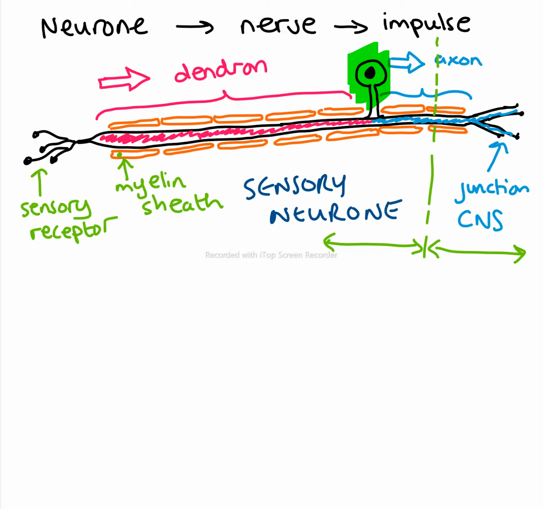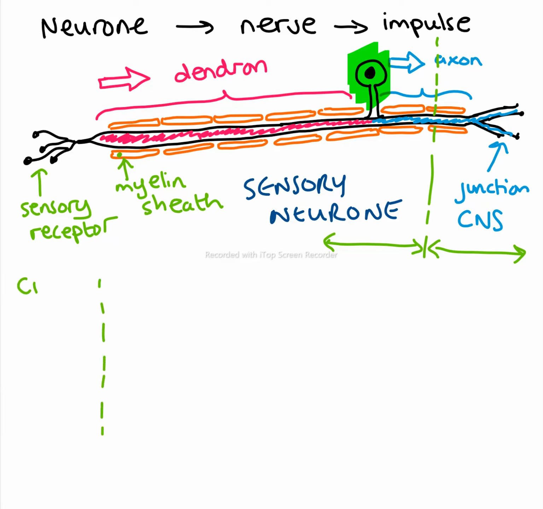Now I'm going to draw the motor neuron. From here you've got a relay neuron. We're not interested in the structure of that. We just want the motor neuron. So let me put a line down here.